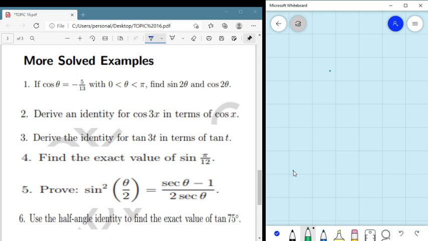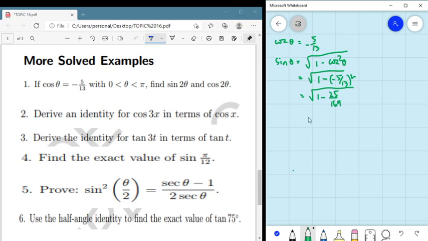So since it is given that cosine of theta is equal to negative 5 over 13, to solve for sine theta, we have to use the square root of 1 minus cosine squared theta. This will give us 1 minus negative 5 over 13 squared, so 1 minus 25 over 169.